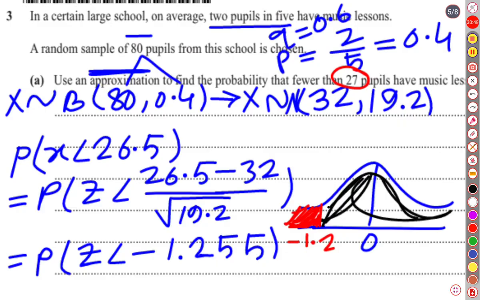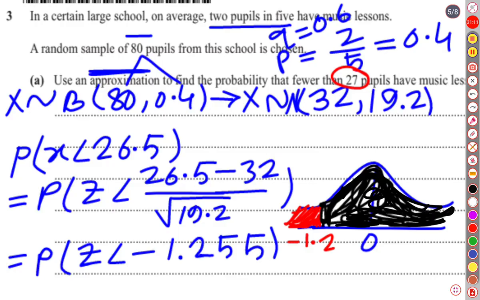From the whole probability, we would subtract the larger part. Let me show it through another graph, it will be easy to understand.